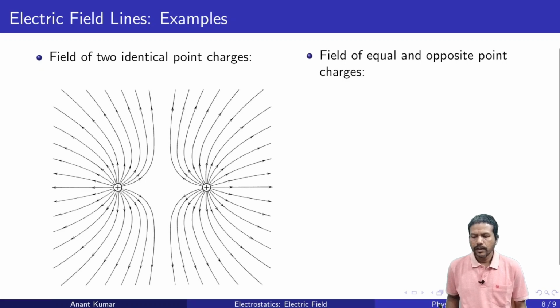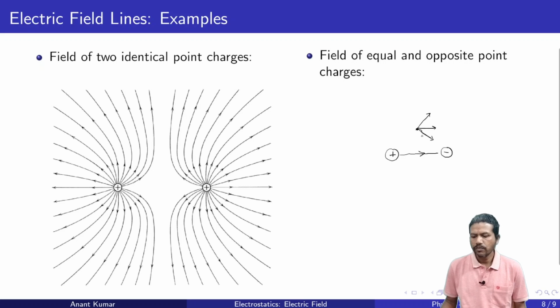On the other hand, if I had an equal and opposite point charge, then what happens? This is basically a dipole in this case. So in this case, we can see that in between them there is an electric field at every point, which implies that at least in between, the field line has to be like this, because at every point there is a field over there. If I look at, for example, a point which is entirely on the perpendicular bisector, I see that because of the positive point charge the electric field points this way, while for the negative one it is pointing exactly this way, and these two are equal in magnitude over here.